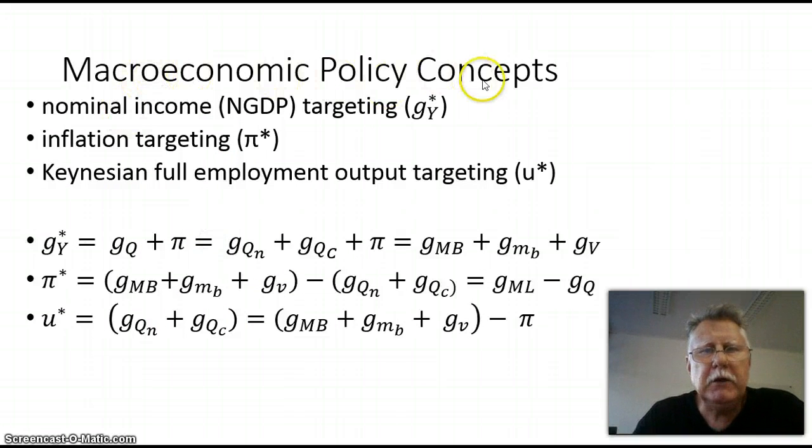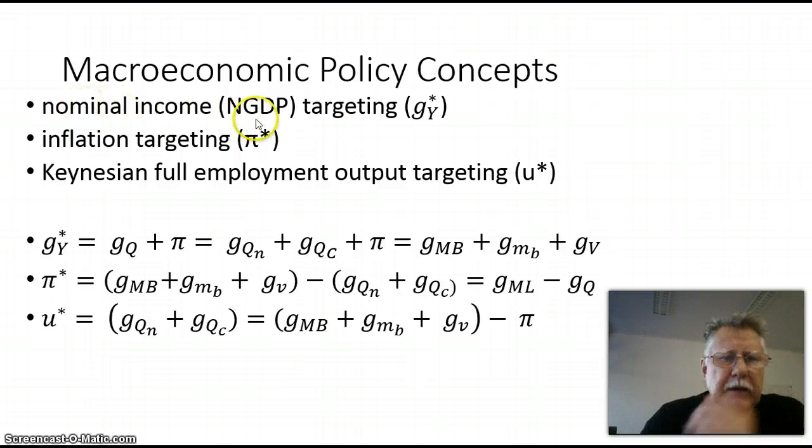Now, macroeconomic policy concepts. We can model nominal income or GDP targeting, inflation targeting, and Keynesian full employment output targeting. And here are the constellations, the points, and the variables that make up these various macroeconomic policy concepts.